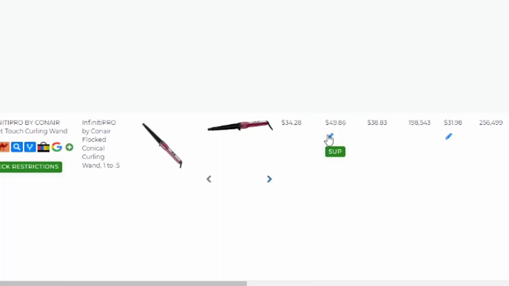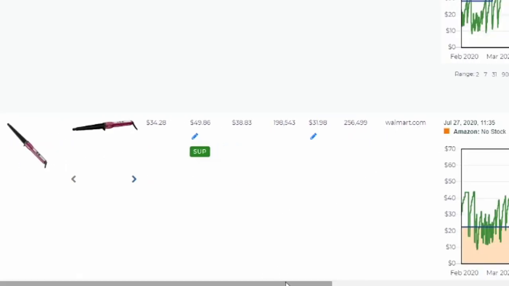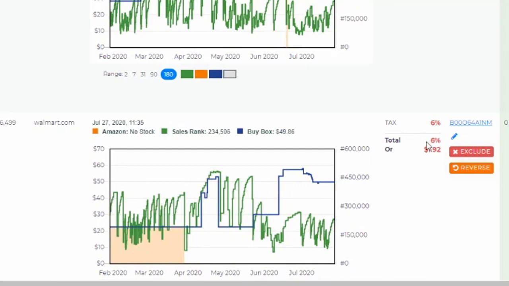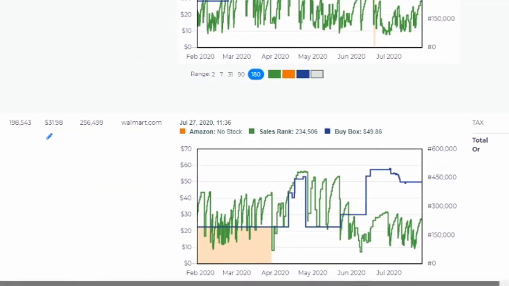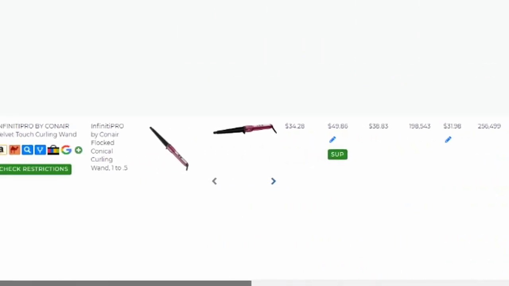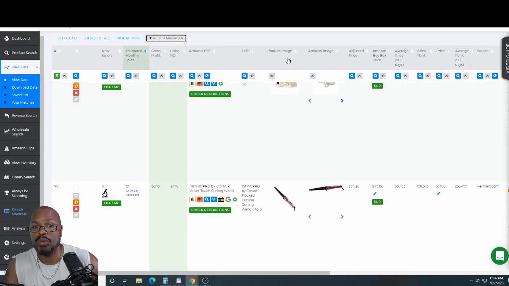You can see where the buy box is, what the average buy box price is every 90 days, what the average rank is. You can see where it's available. Are there any discounts? We would be able to actually use discounts to save money, and we'll get into that later, but just watch.